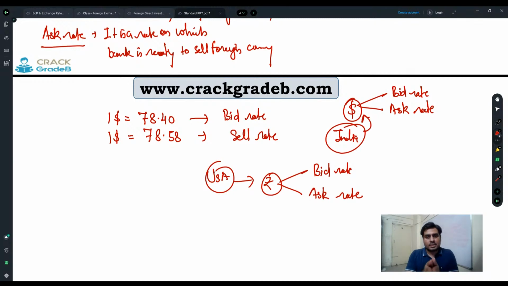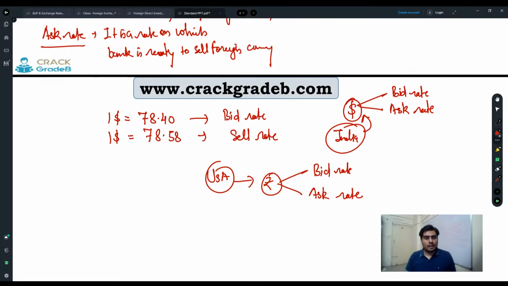So either you can purchase some dollars here and some there, or you can purchase all the dollars here, or all the dollars there, right? There are brokers, established brokers, and they do this selling and purchasing activity, right?